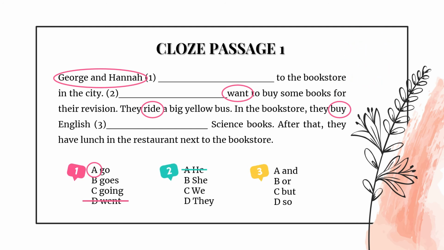Want to buy some books for their revision. It refers to George and Hannah. So the answer is D. And the third question, George and Hannah need to buy 2 books, English and also science book. So what is the answer? N. Okay, very good.